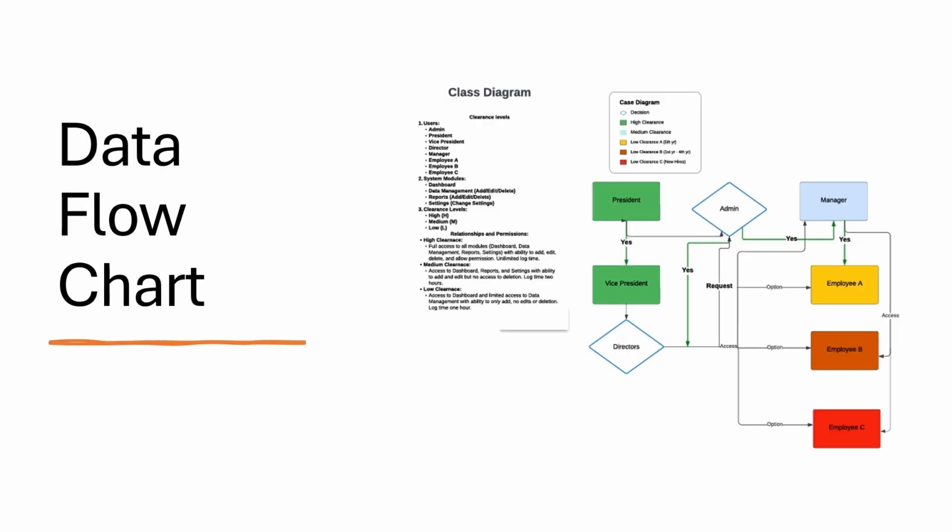In this slide, I will be covering the data flow chart. The data flow chart is a simple way of seeing how our website is built. As you can see at the bottom right, we have employee A, employee B, employee C, and a manager up top. This manager is then connected to an admin who has total control over the system and is able to see different things, like when a person accessed a certain file and how long they have accessed this information.